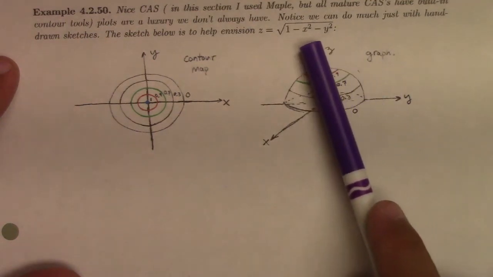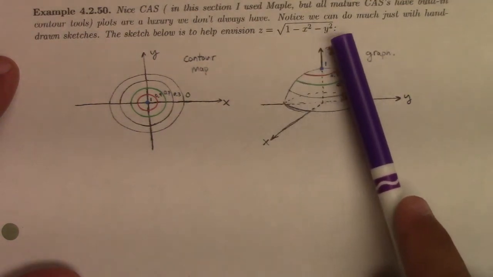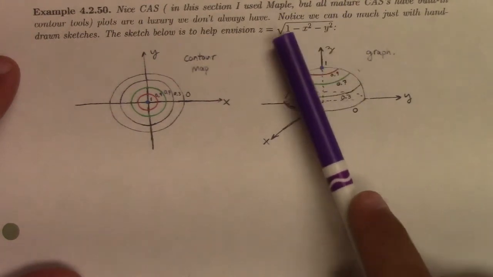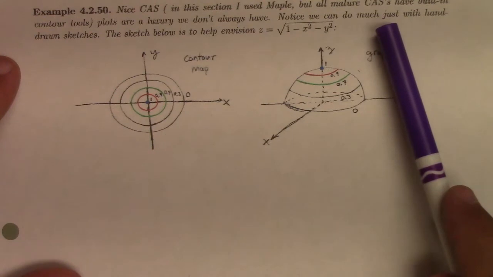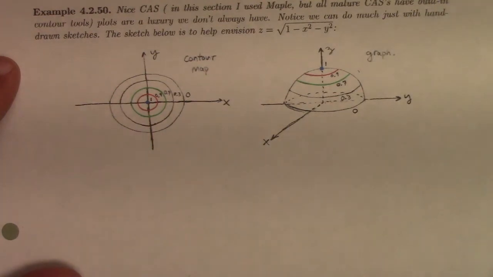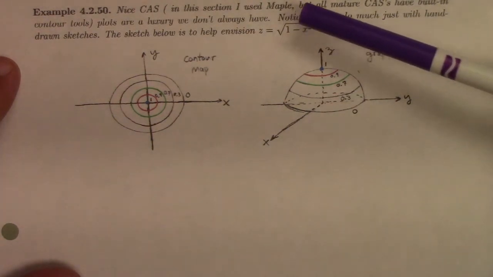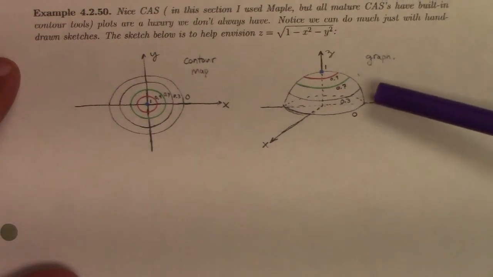If I look at the function square root of 1 minus x squared minus y squared, that's my f of x, y, then if you set that equal to a constant, you get circles. And if you look at the graph, it would look like this.